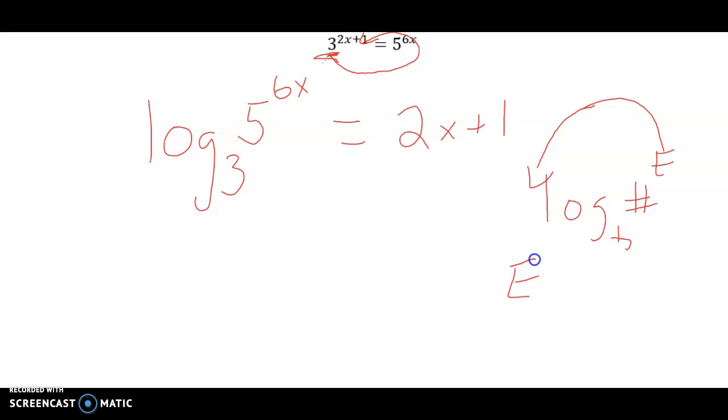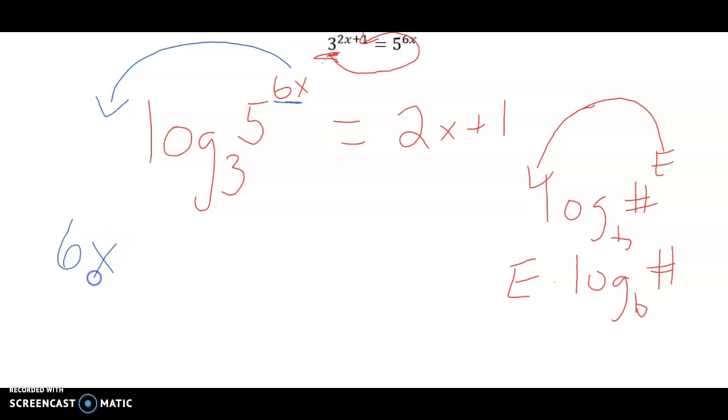So the exponent times the log base of that number. It's a nice property of logs that we're going to apply right here. So I'm going to take this exponent here, use that property, bring it down in front. So 6x times the log base 3 of 5 equals 2x plus 1. And again, I just used this property right here.